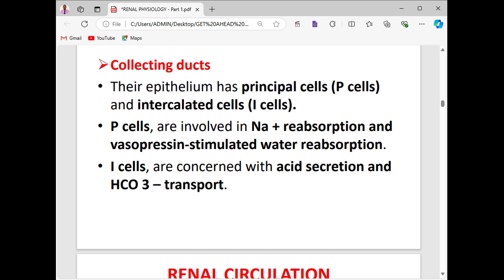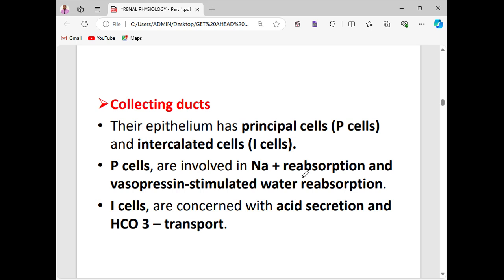When we talk about collecting ducts, the epithelium of the collecting ducts comprises the P cells and the I cells. The P cells, which are the principal cells, are involved in sodium reabsorption and vasopressin stimulated water reabsorption.